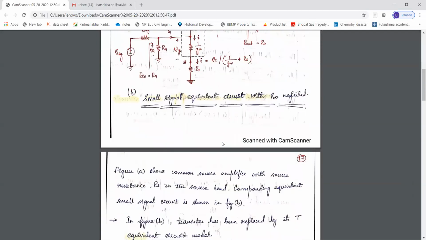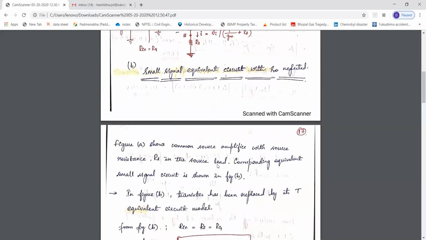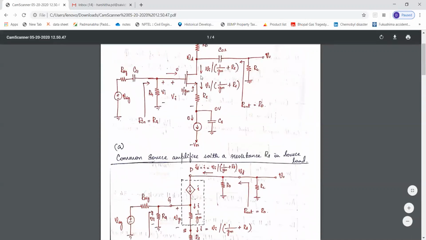Coming to the explanation, the RS is connected at the source lead. This is the first point that you're supposed to write, and the corresponding small signal model we also saw just now. I told you that the transistor is being replaced by a T equivalent model. So instead of the transistor here, I'm writing this T equivalent model.